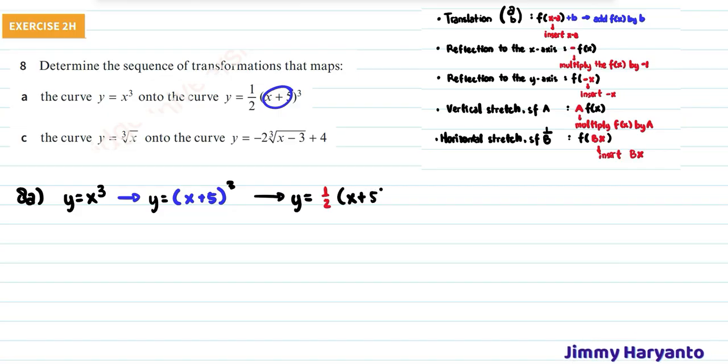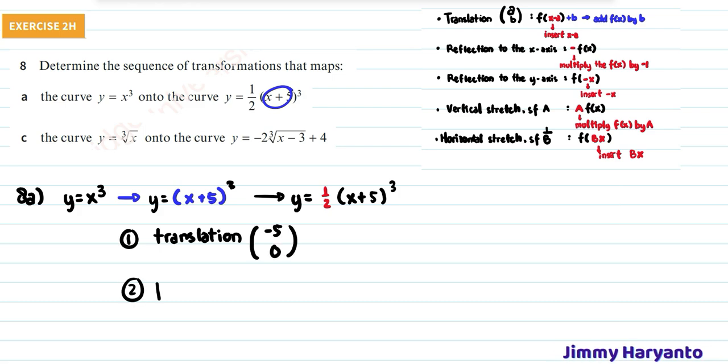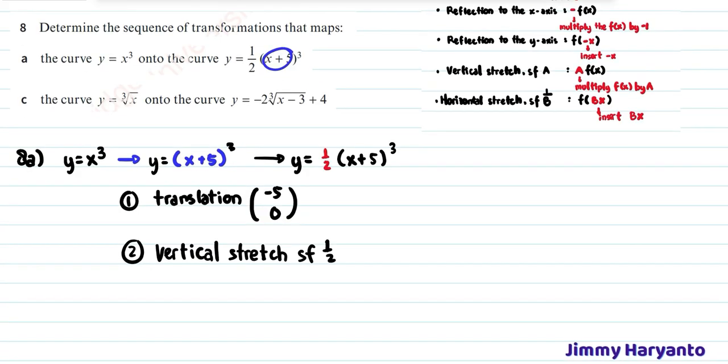So that's the idea, guys. The first transformation is translation. The blue is the translation of -5, 0. And the red one is vertical stretch, scale factor half. Okay, that's it.